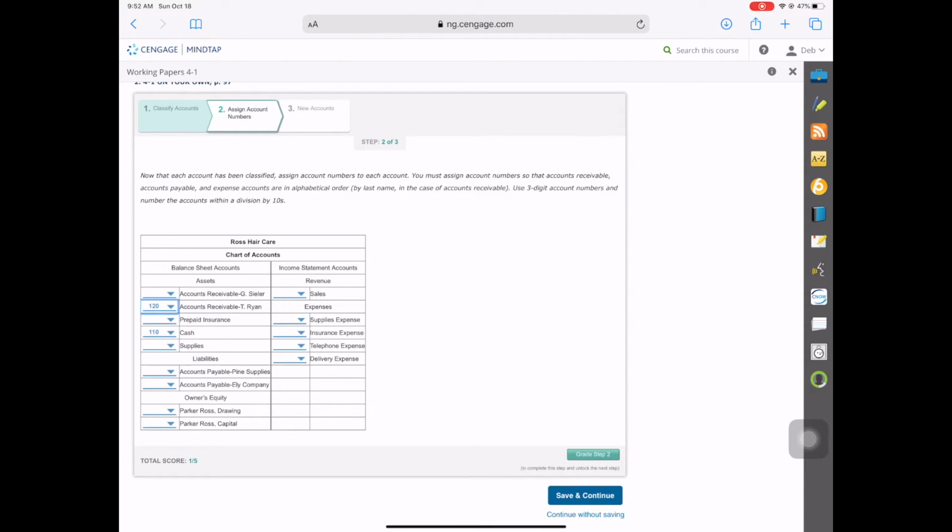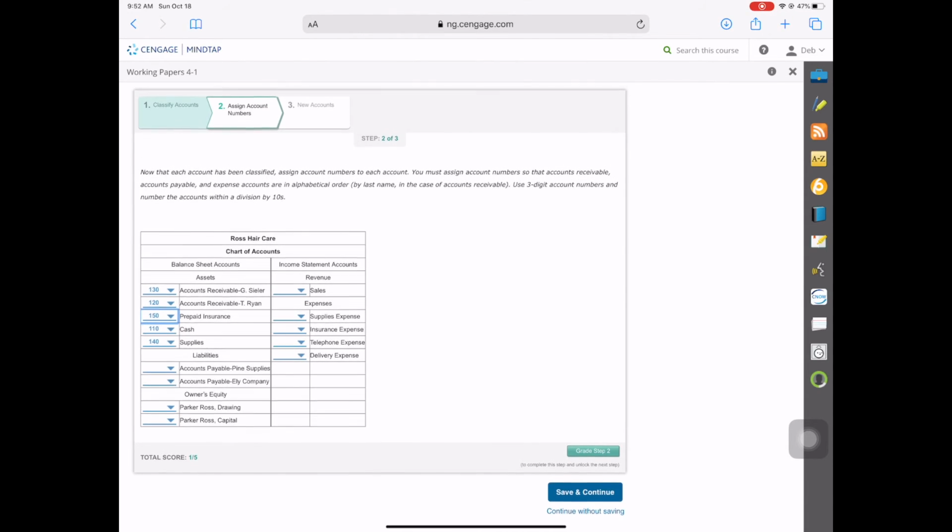Accounts receivable, 130. Our prepaid insurance and supplies, our next account that we could turn into cash easily would be our supplies, which would be 140, and our prepaid insurance, 150.